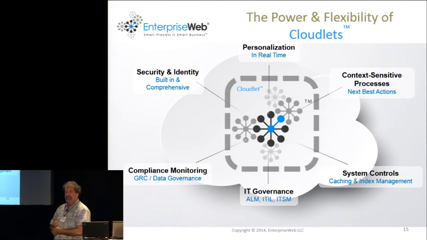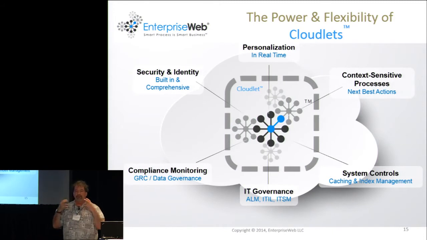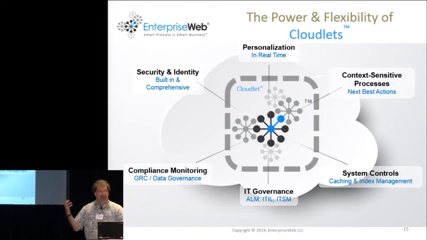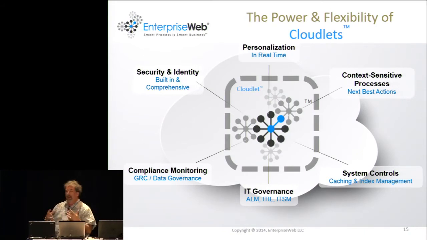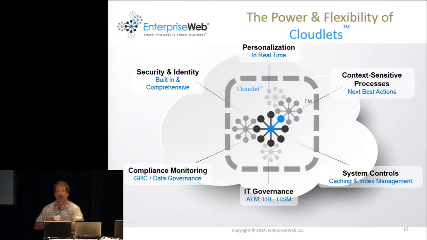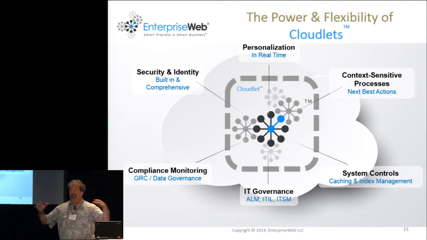So when we talk about these flexible models, we like to use the word cloudlets. A cloudlet is essentially this abstraction of the capabilities that you can assemble in order to build capabilities using our platform. So it takes care of the technical details, security and identity. Security is now straightforward because all security policies are now handled in a consistent, uniform, universal way.